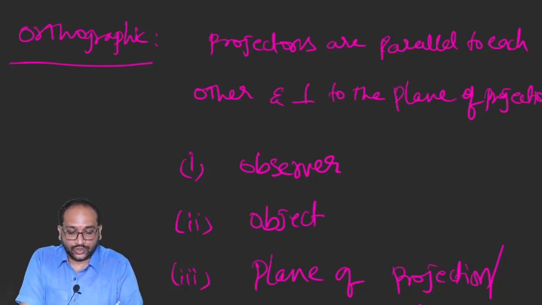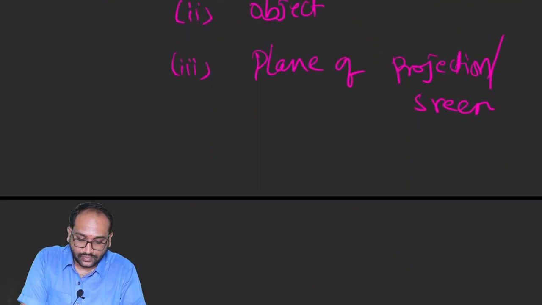Now coming to isometric or pictorial projection. Pictorial projections mainly deal with three-dimensional figures.